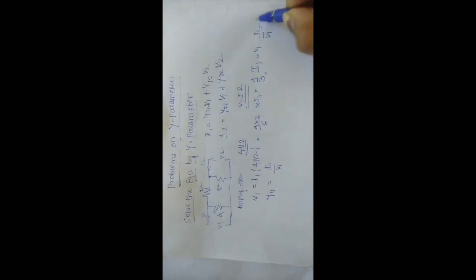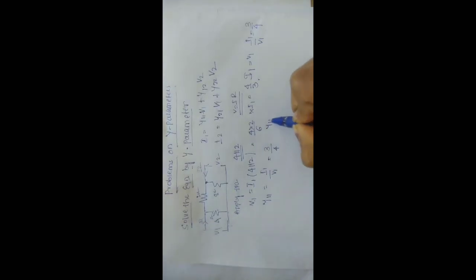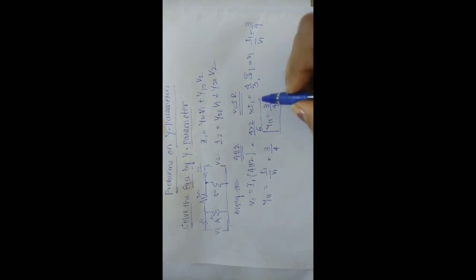Now I1 by V1 equals 3 by 4, so Y11 equals 3 by 4. Y11 equals 3 by 4. Correct? The symbolical representation is this one.